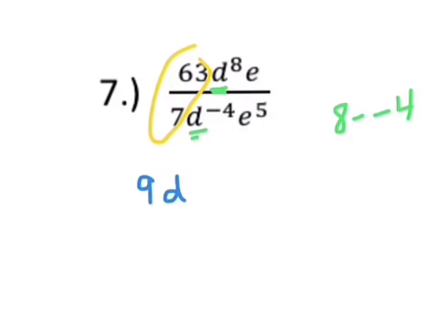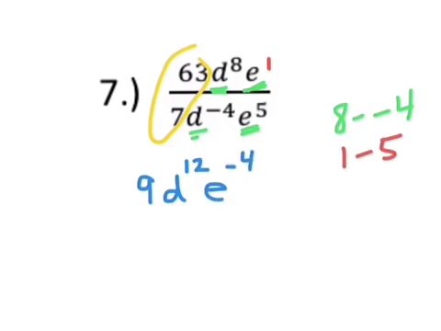So our exponent is going to be 12. And then like bases again, when the bases are the same and we're dividing, we keep the base and we subtract the exponents. There's an invisible exponent of 1 there, so it's 1 minus 5, which is negative 4.